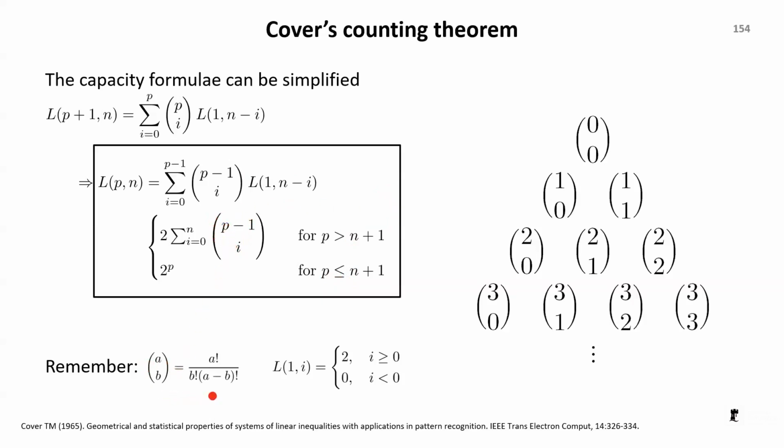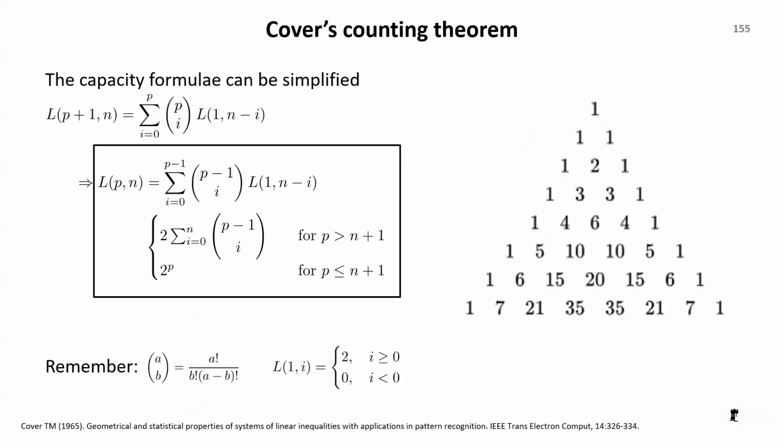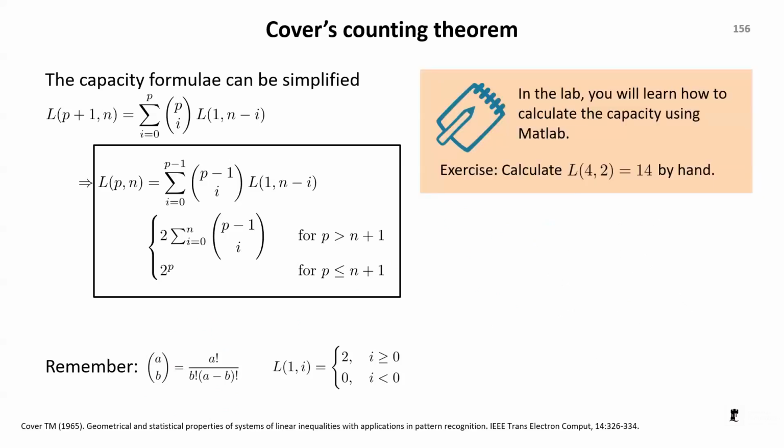Remember again how to calculate binomial Newton. For small numbers, you can do it by hand, right? Remember this. But for very big numbers, you have to do it on the computer.